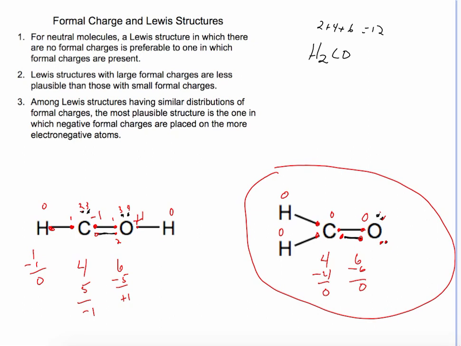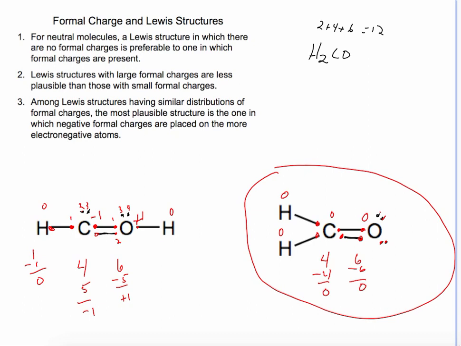Okay, in the last video, I went through an example of when you have two different structures, how you can pick the structure that would be the best or the preferable structure. And so we had these rules here, and basically with this H2CO, I drew the Lewis structures, I figured out the formal charges, and then we looked at the rules.